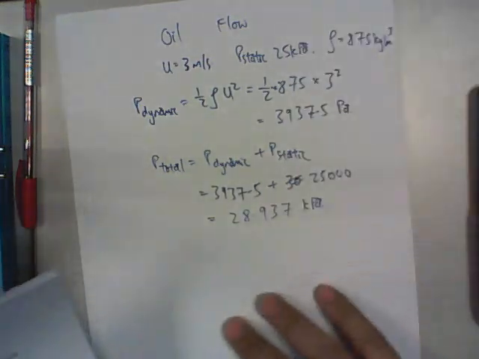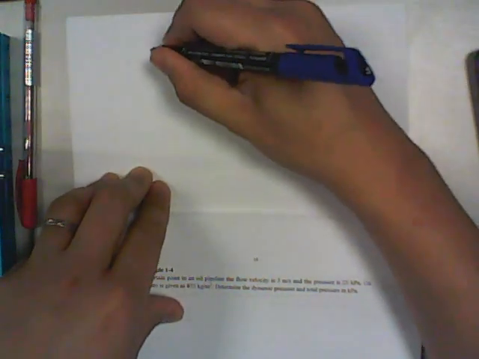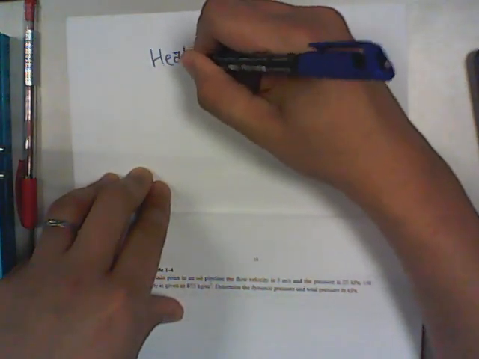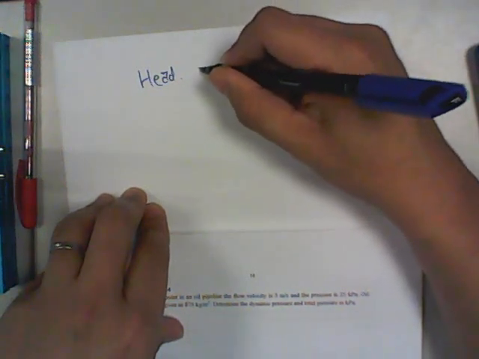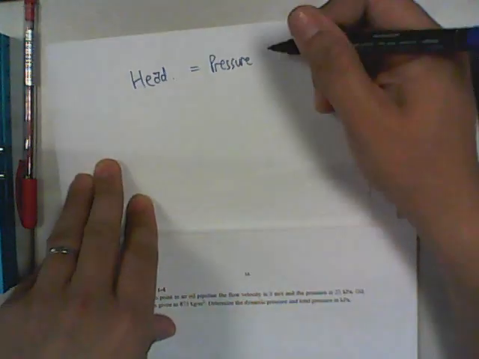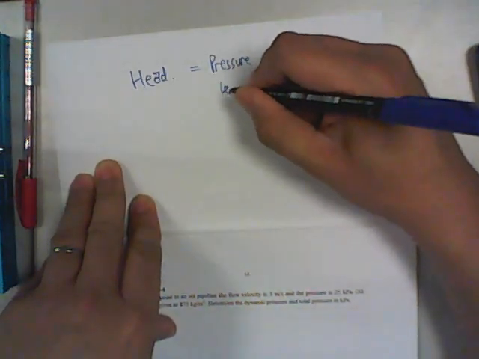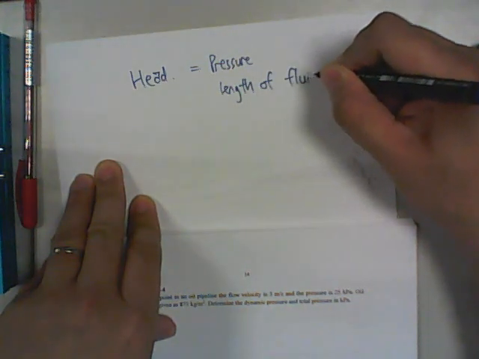Next, we will actually be talking about the next section in the lecture notes, that is called pressure head. One very core idea is that head is a measurement of pressure, but instead of pascals, now it is in a certain length of a fluid.